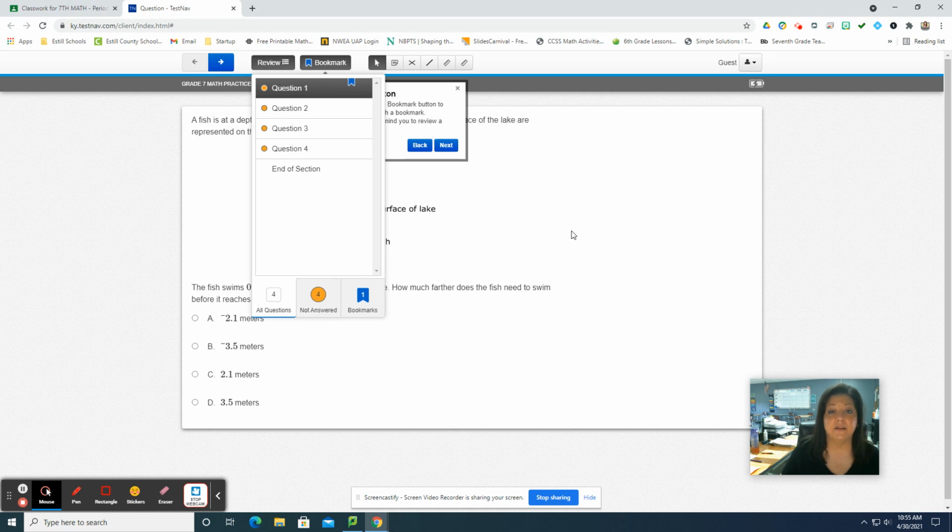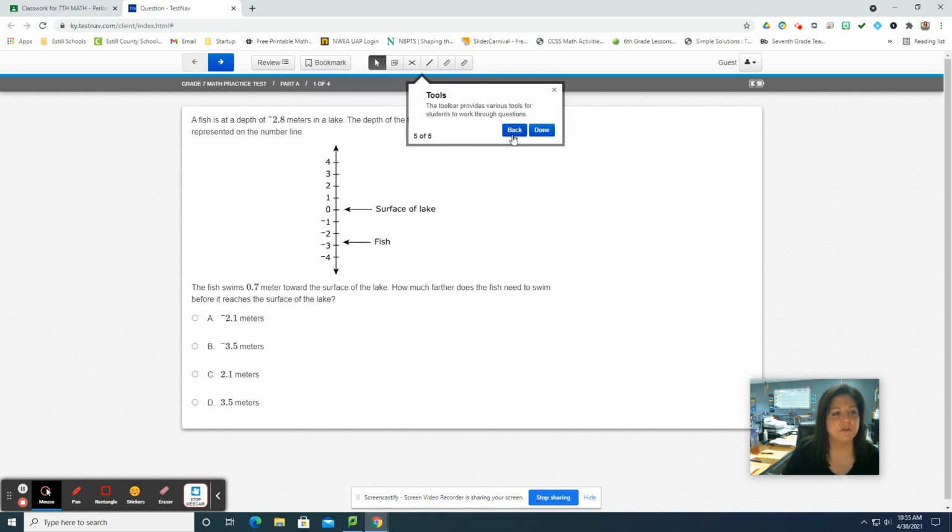And then maybe come back to that question, because you can click bookmark and it will take you to that question. So that is very handy if you are struggling on one part: just go ahead and answer the question, move forward so you don't waste time, and you can always go back and look at the bookmarked questions later. All right.